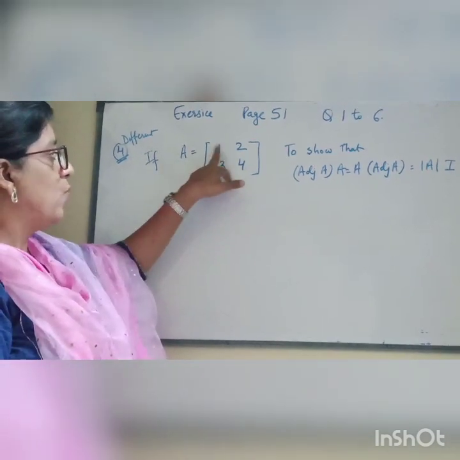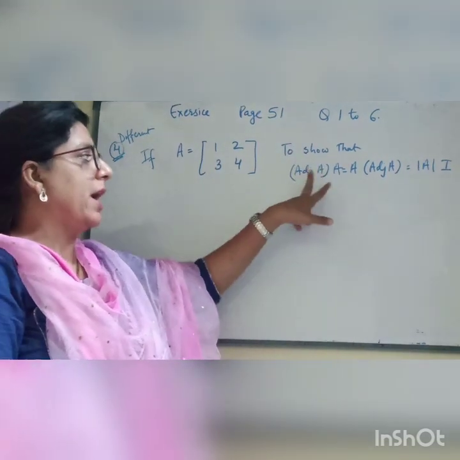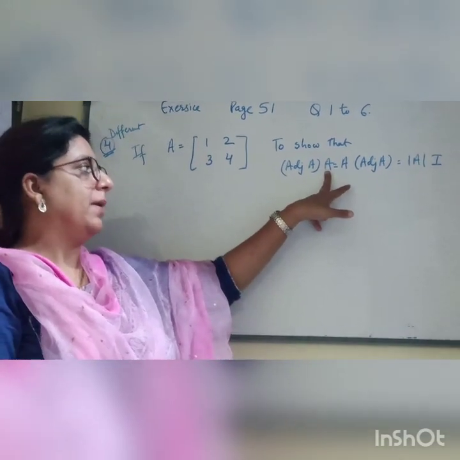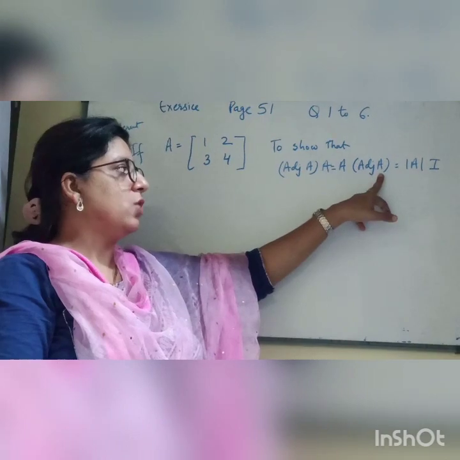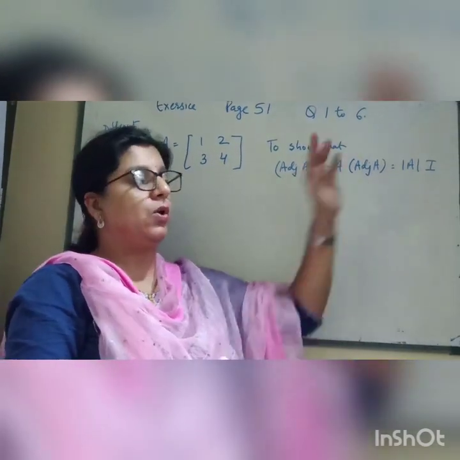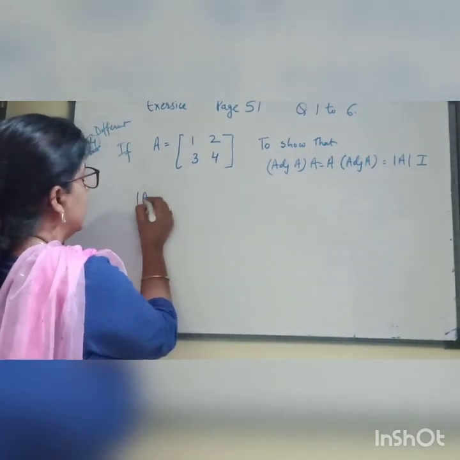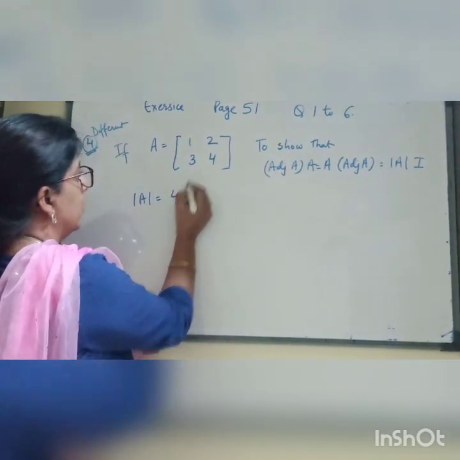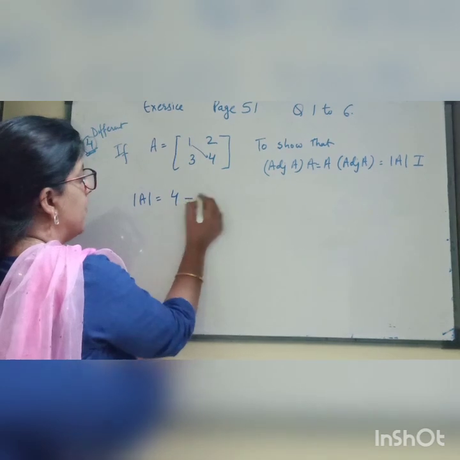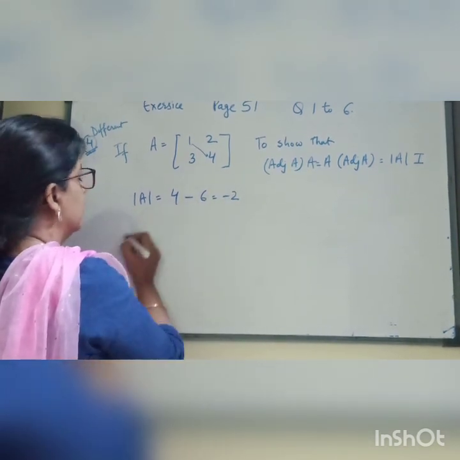If A is [1, 2; 3, 4], then show that adjoint of A multiplied by A equals determinant of A into I. So let us start. Determinant of A is 4 - 6 = -2.